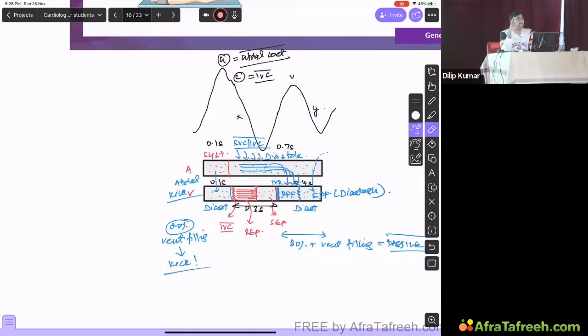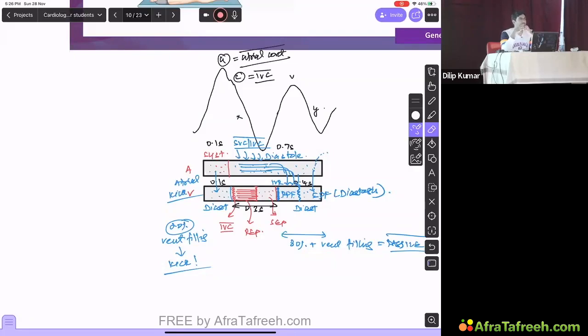But the aortic and pulmonary pressures are much higher than your atrial pressures. So what happens is this extra pressure that is building in the ventricle is lesser than the aortic pressure. So it will try to push the mitral or tricuspid valve towards the atrium itself.